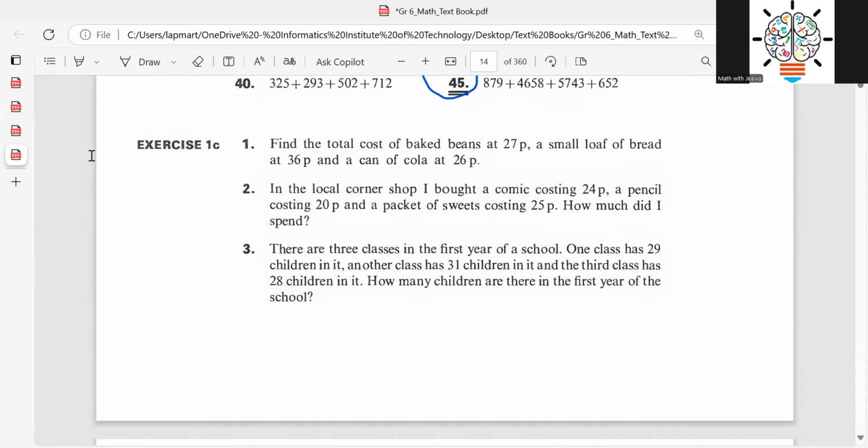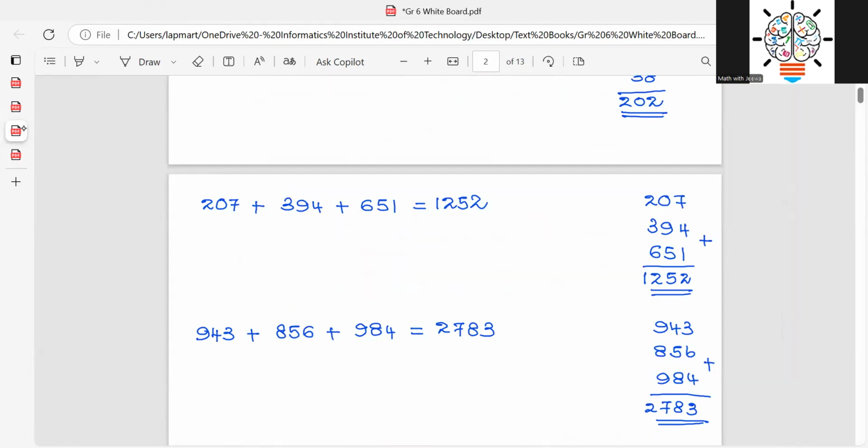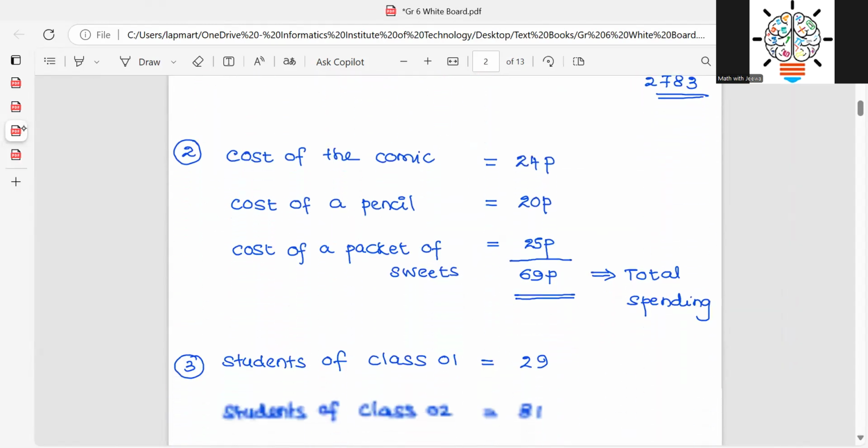When you add 27 pence, 36 pence, and 26 pence together, it gives us 89 pence.